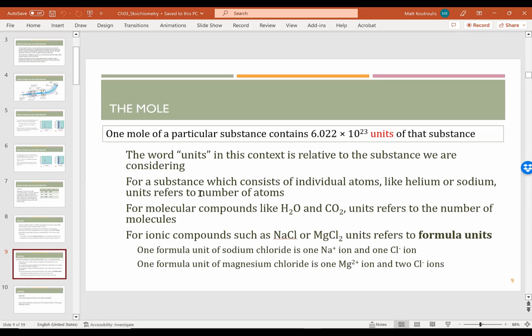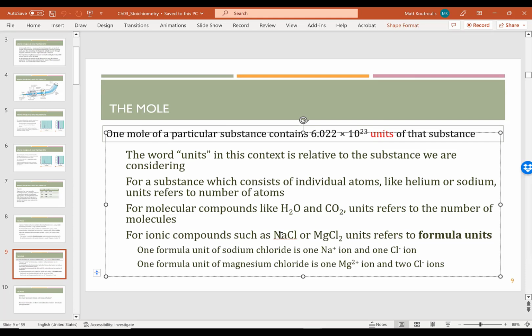All right, so as I just said a second ago, for a substance that contains individual atoms, helium or sodium, the word that we're talking about in terms of units is atoms. Talking about molecular compounds like water and carbon dioxide, it's a number of molecules. For ionic compounds, if I say I have a mole of sodium chloride, I can't say I have 6.022 times 10 to the 23rd NaCl molecules because sodium chloride doesn't make molecules.